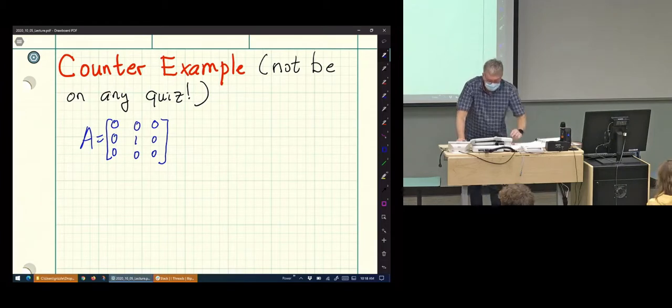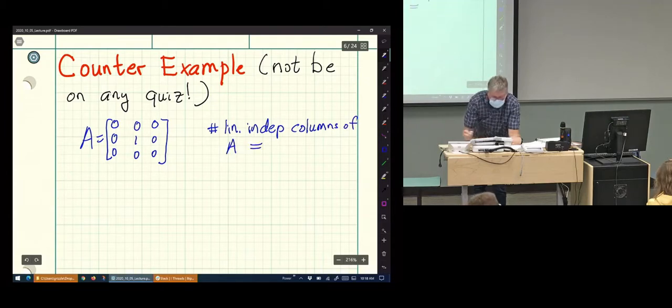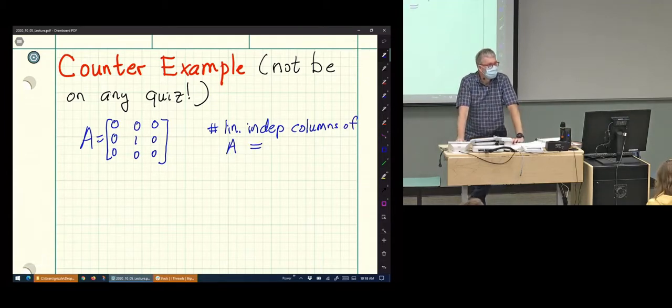So it's on the diagonal. What is the number of linearly independent columns of A? How many independent columns do you see there?